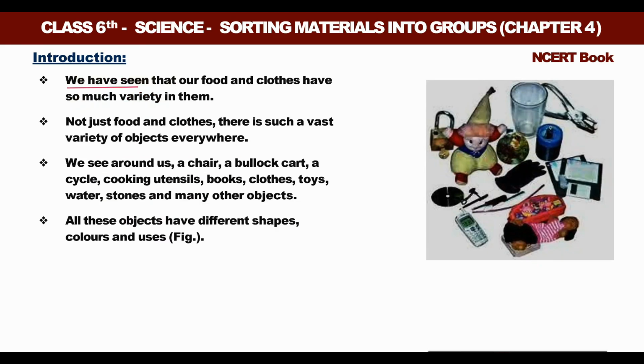We have seen that our food and clothes have so much variety in them. In the earlier chapter we saw that in India there is a variety of foods and a variety of clothes. In a similar way we have a variety of objects. Not just food and clothes, there is such a vast variety of objects everywhere.